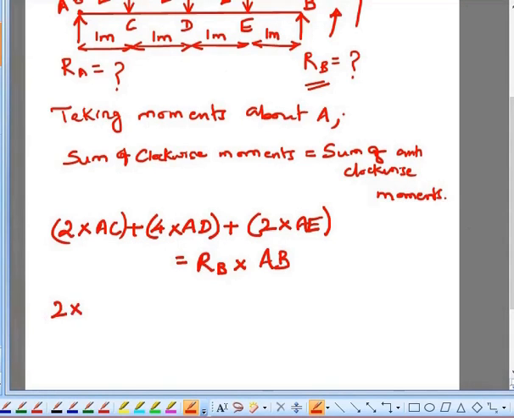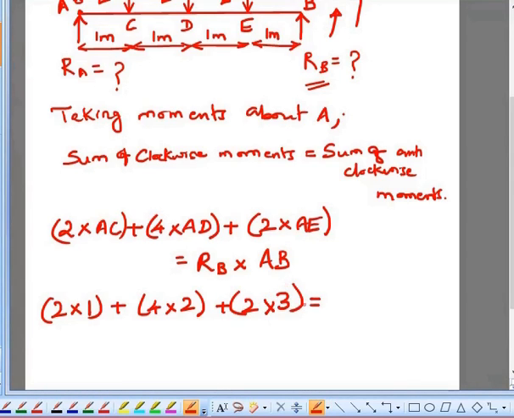Two into the distance AC, which is 1 meter, plus 4 into AD, AD is 2 meter, plus 2 into AE, AE is 3 meter. This is equal to RB into AB. Your AB is 4 meter.